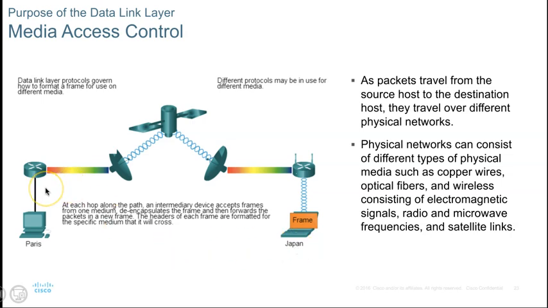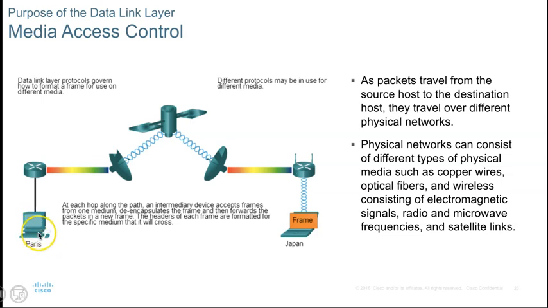Between them there are so many types of devices: switches, routers, satellite dishes, and also satellites. What you need to understand is that at each hop, at each stop, the data link layer takes the frame and converts it into a new frame, in a format that the other device will understand.